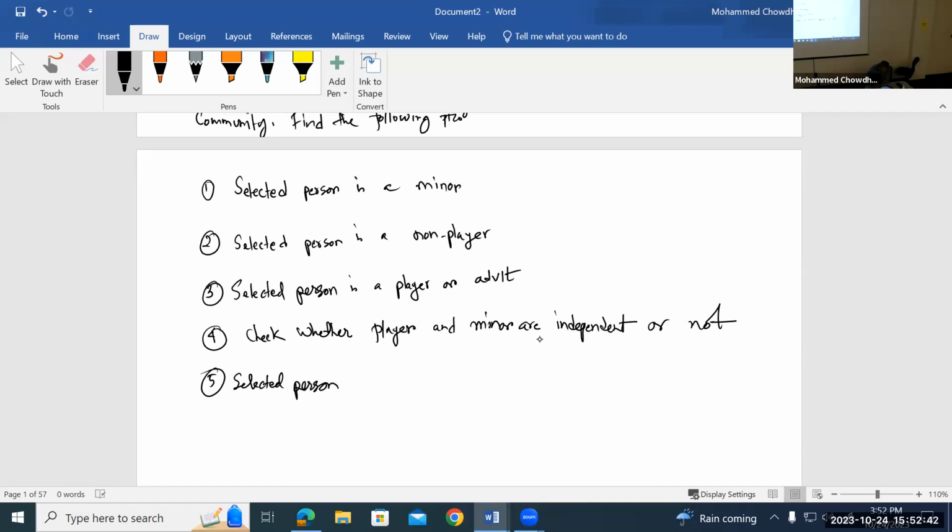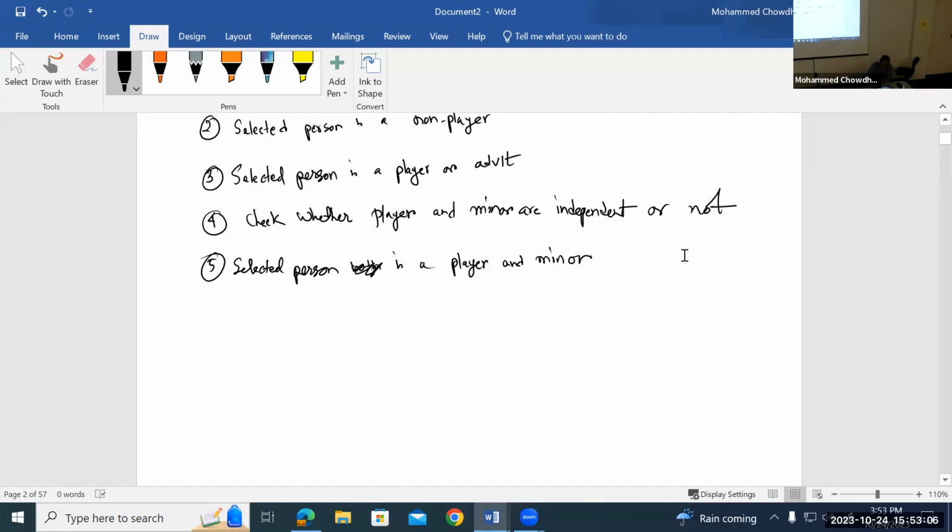Then the selected person is both, a player and minor. Okay. Number 6, conditional probability.